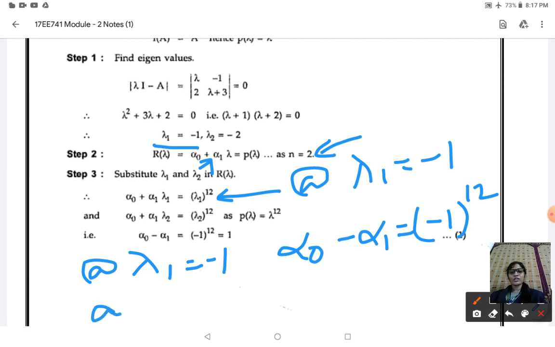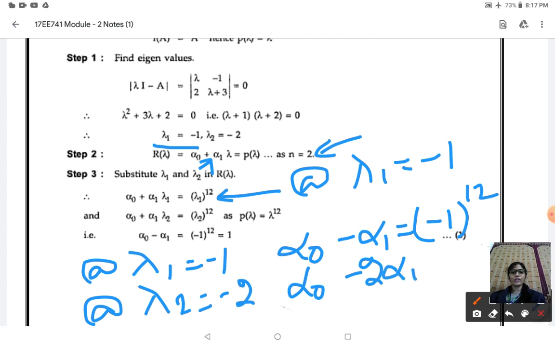Okay. Next one, at lambda 2 is equal to minus 2, the remainder polynomial equation is alpha naught minus 2 alpha 1 is equal to minus 2 to the power of 12. So like this you will be framing two equations, like algebraic equations.